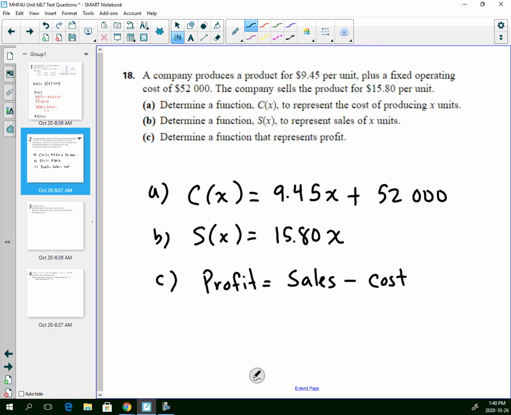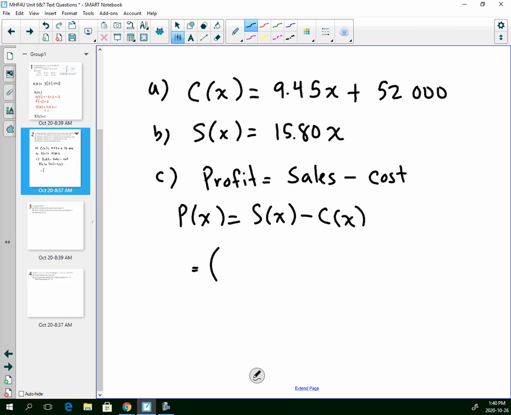So I'm going to take my sales and subtract my cost. So my profit would be the sales function minus the cost function. So we're combining these two functions. So it would be 15.80x and then subtract the cost. Make sure you put it in brackets because you are subtracting, so we want to make sure that the signs are correct.